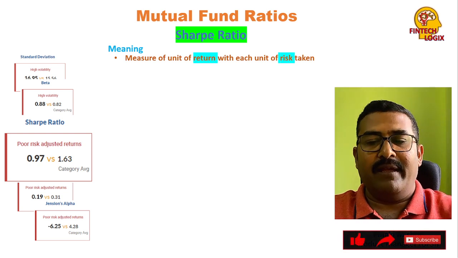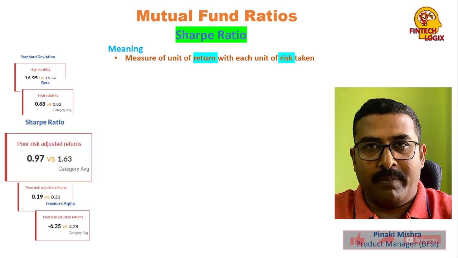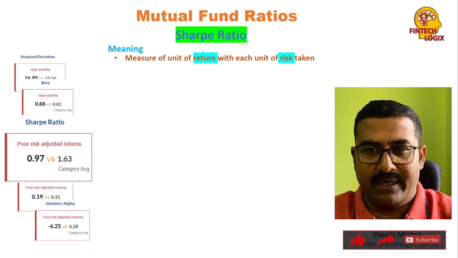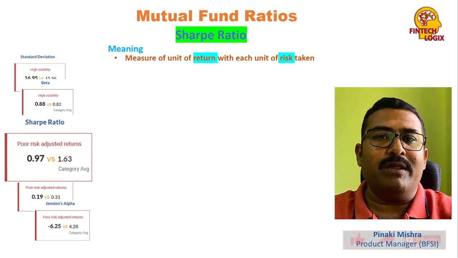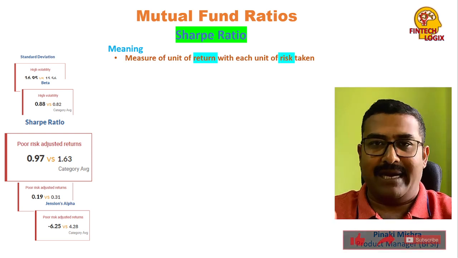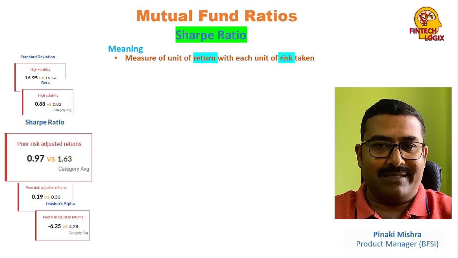So if I want to correlate the measure of each unit of return that a mutual fund makes with respect to each unit of risk that is taken, that in short is the Sharpe ratio.